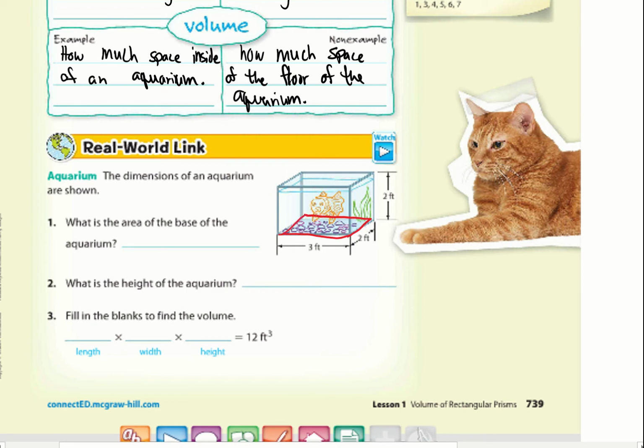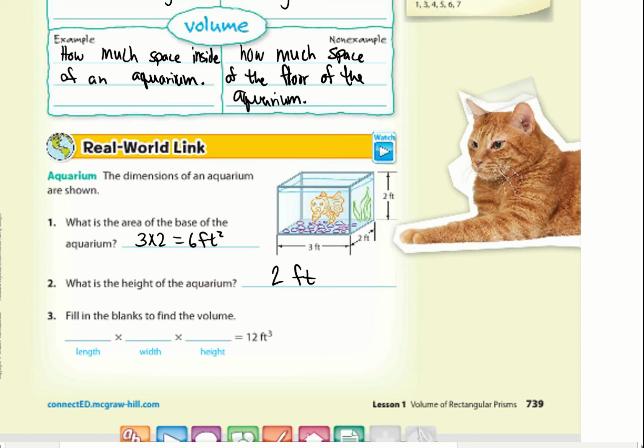So the area of my base is going to be 3 times 2, which equals 6 feet squared. What is the height? The height is 2 feet. So my height is how tall my aquarium is.